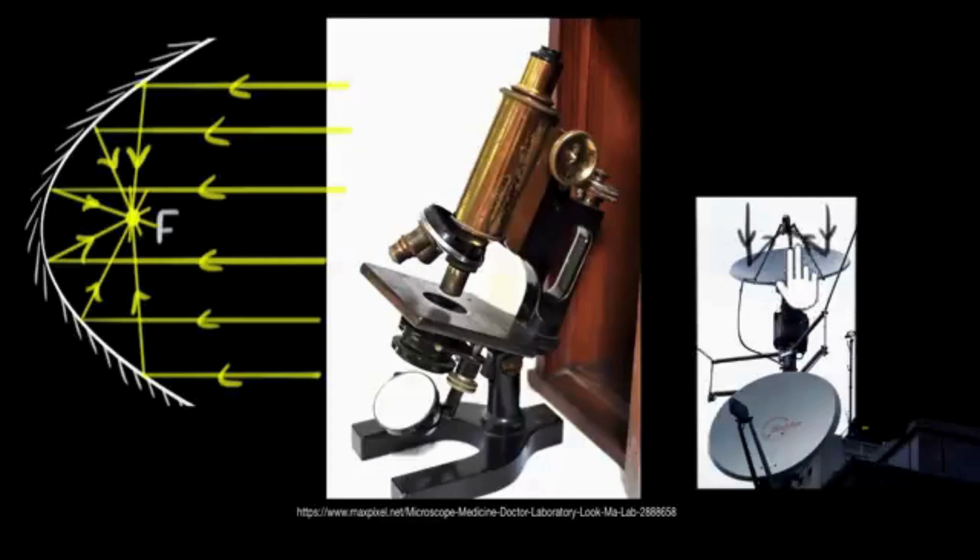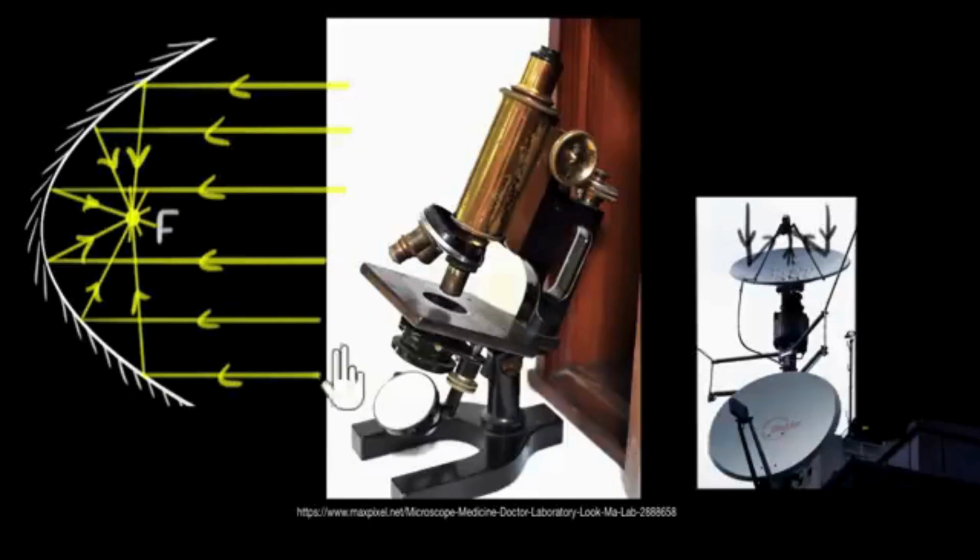As you can see, all the radio waves get reflected to a single point, and that point is the principal focus, and it's at that point you are going to keep your radio receiver. And as a result, the receiver will receive a very strong signal, a very highly concentrated signal of radio waves, and that signal will then be sent to your TV, and you can watch television.